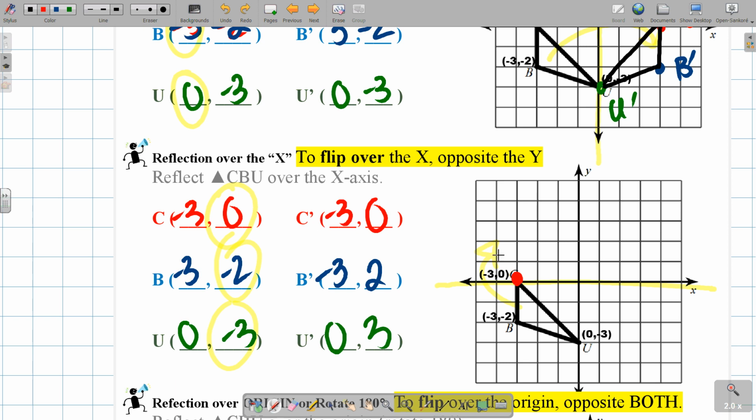So yes, that's the same point. It's going to be C prime now. B prime. And U prime. And you have reflected or butterflied across the x-axis. So to flip over the x, you opposite y. These are reflections.